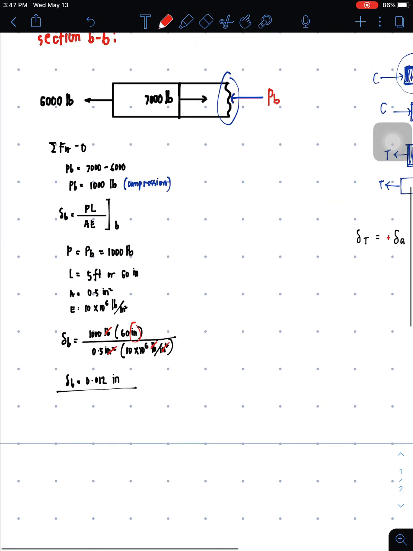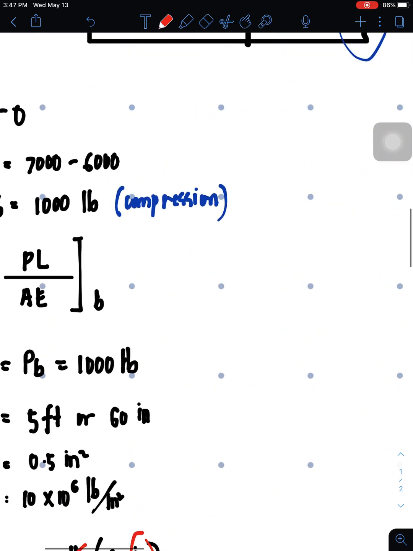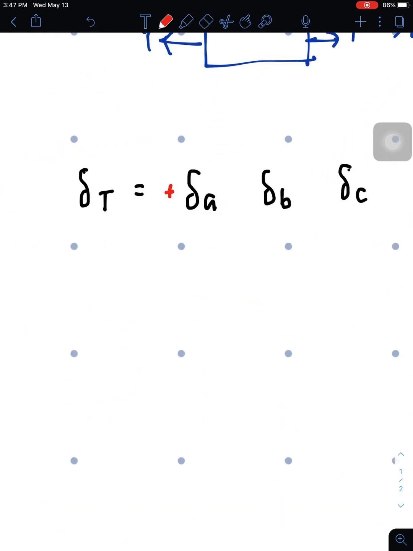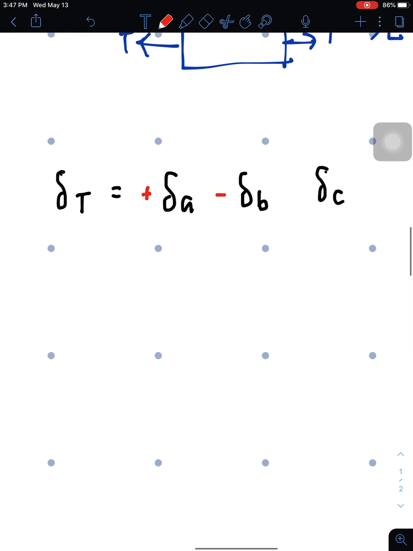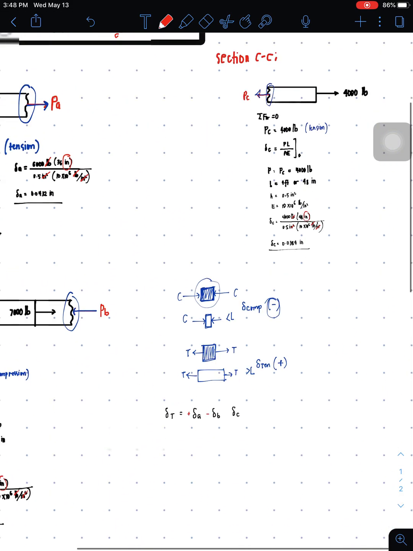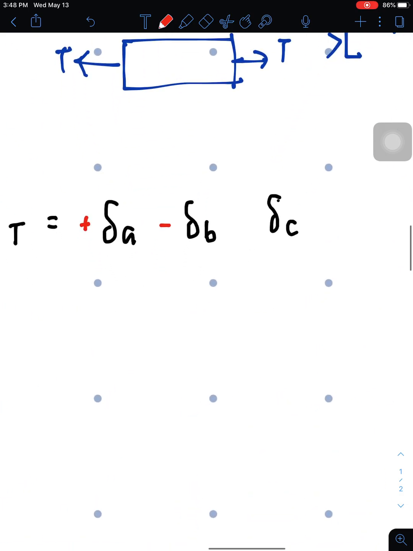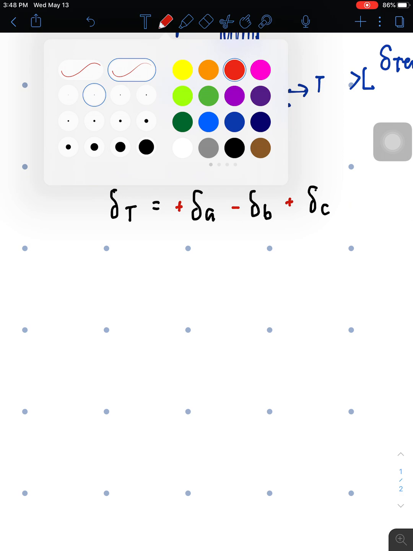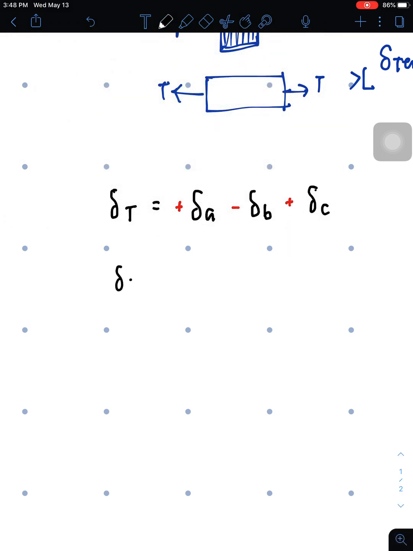How about section B? It is compression, therefore minus. And section C is tension, so plus. So the total deformation would now be deformation of A minus deformation of B plus deformation of C.